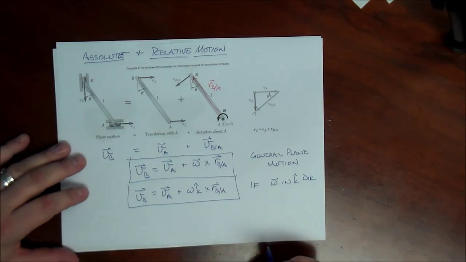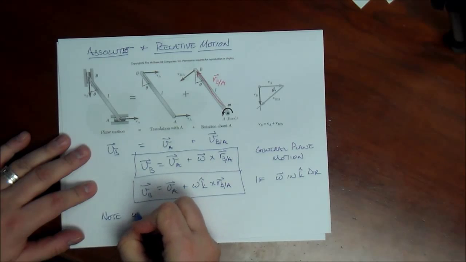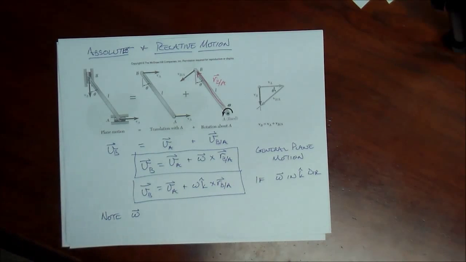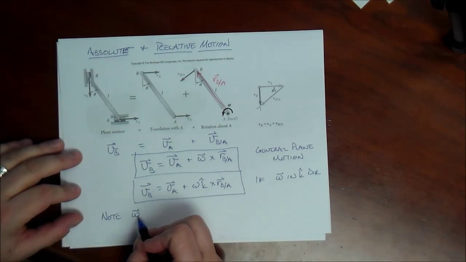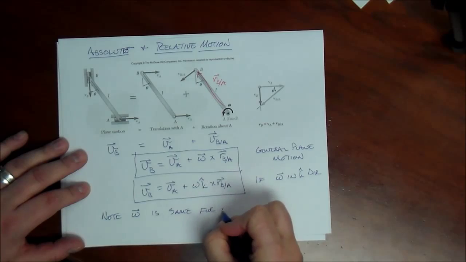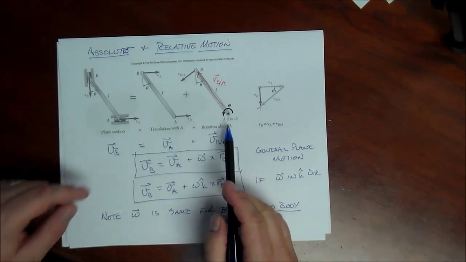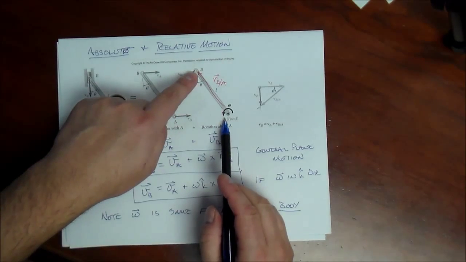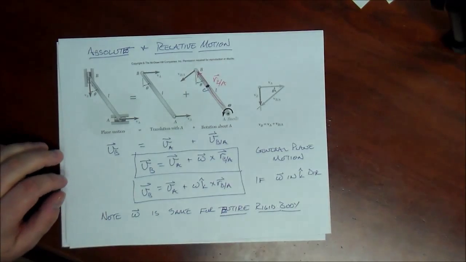Something important to note here is this angular velocity vector. The angular velocity vector for a rigid body is the same anywhere on that rigid body, or a better way to put it is that it doesn't have a fixed point of reference. So in this example we're finding the velocity of B. What if we decided to find the velocity of point C?